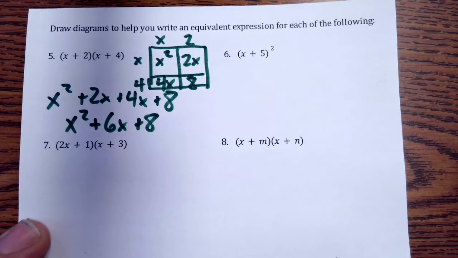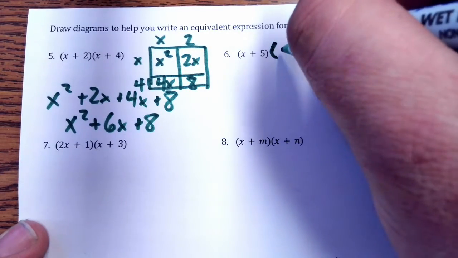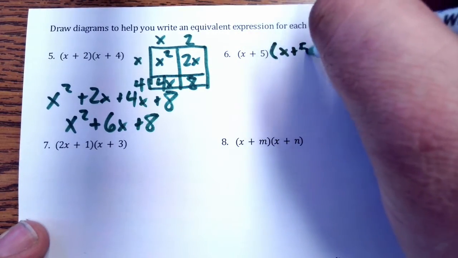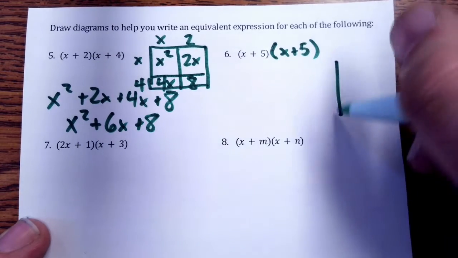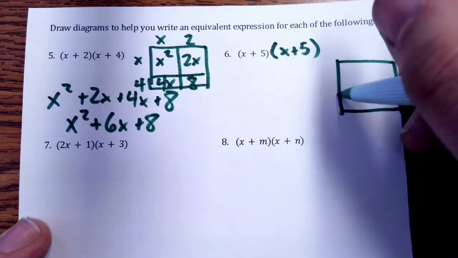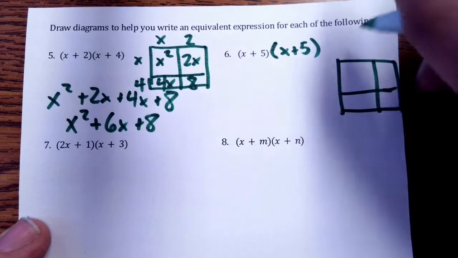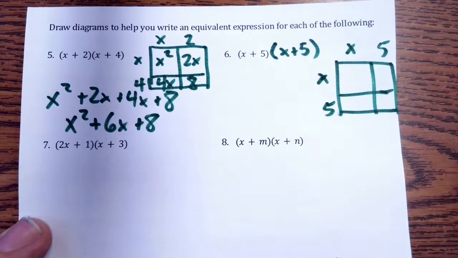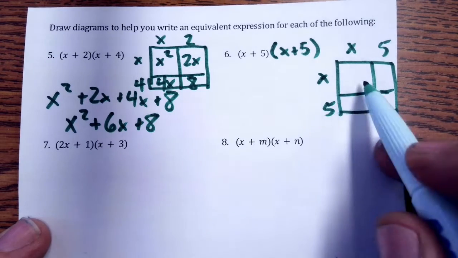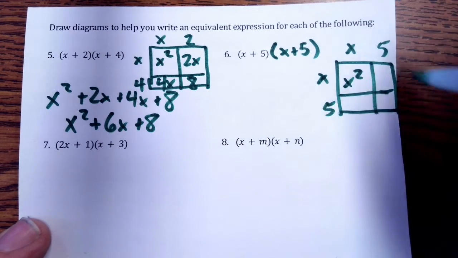X plus 5 squared is a little bit weird, but squared really means times itself. So we're really looking at x plus 5 times x plus 5. Something like this, where we have an x and a 5 and an x and a 5. Once again, x times x is x squared.